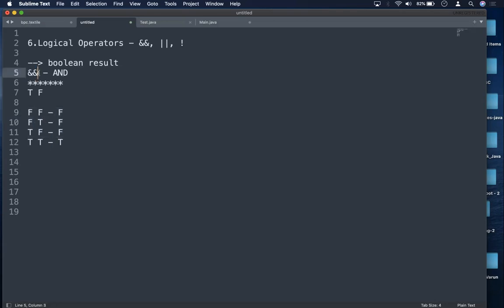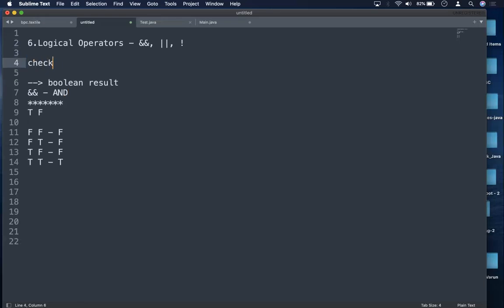Whenever we apply the AND operator, we can check more than one condition. By using these logical operators, we can check more than one condition. For example, you want to check whether a given number is divisible by this number and this number and this number.